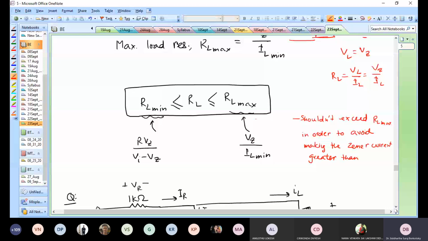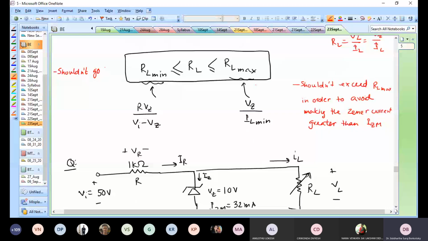And why shouldn't we go below RL min? We shouldn't go below RL min in order to ensure that the Zener diode is on. Okay.